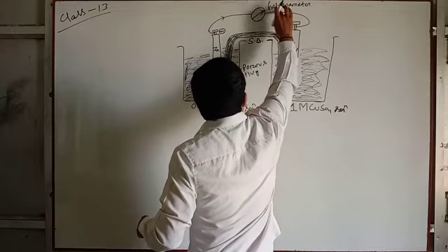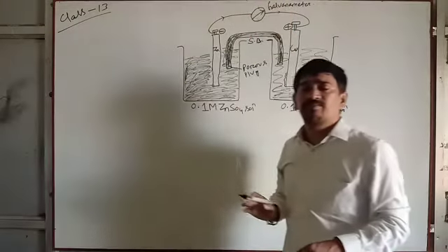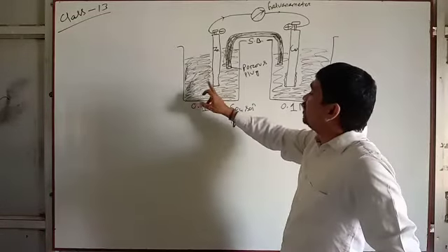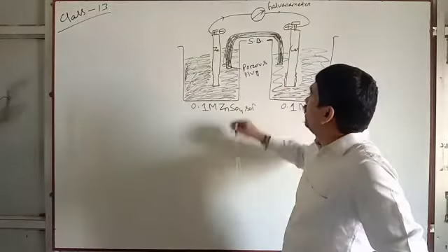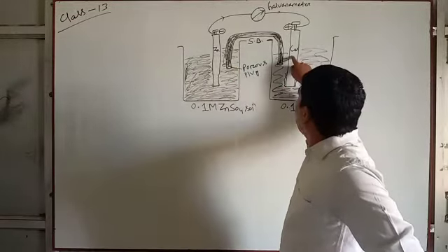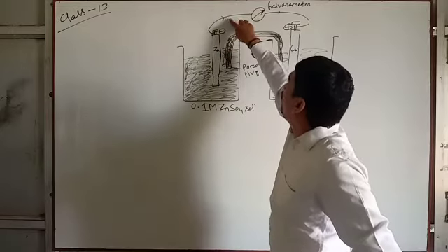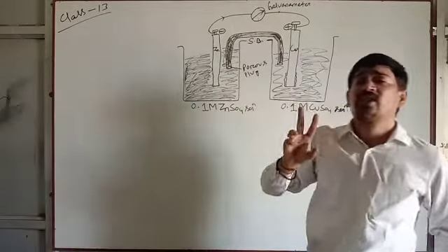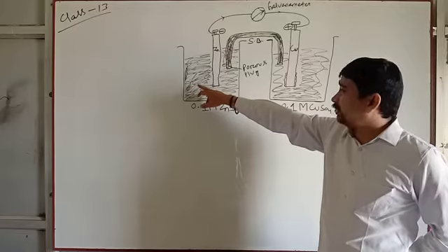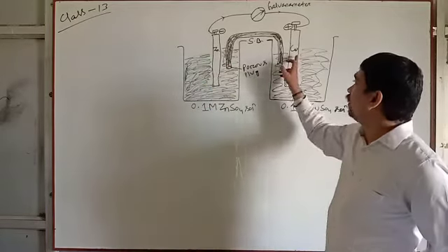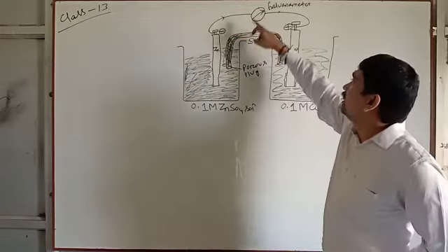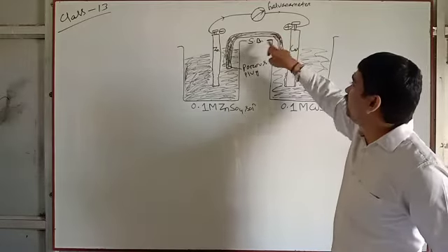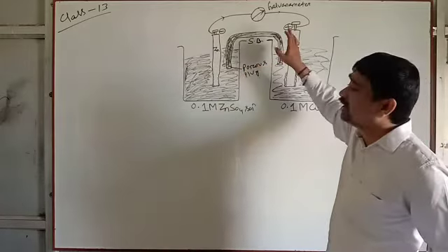So the apparatus consists of 2 beakers, 2 electrodes, insulated copper wire, galvanometer, and an inverted U-shaped tube, that is salt bridge.